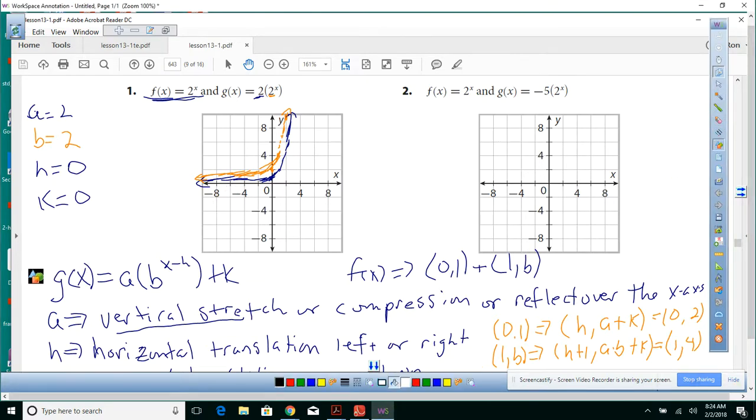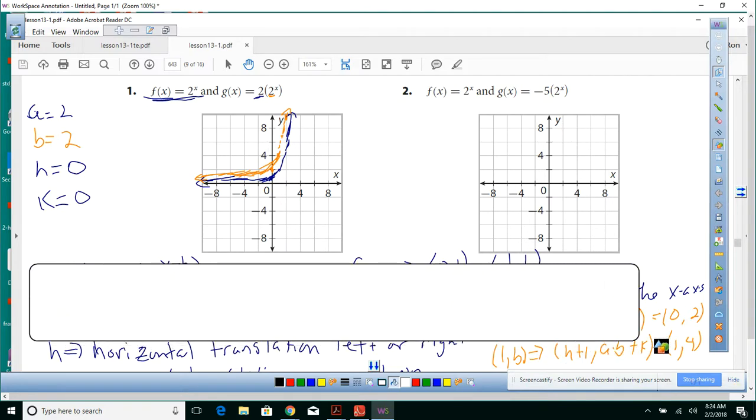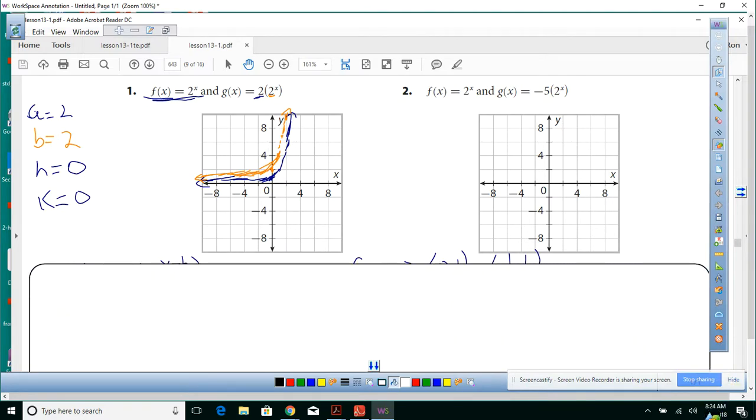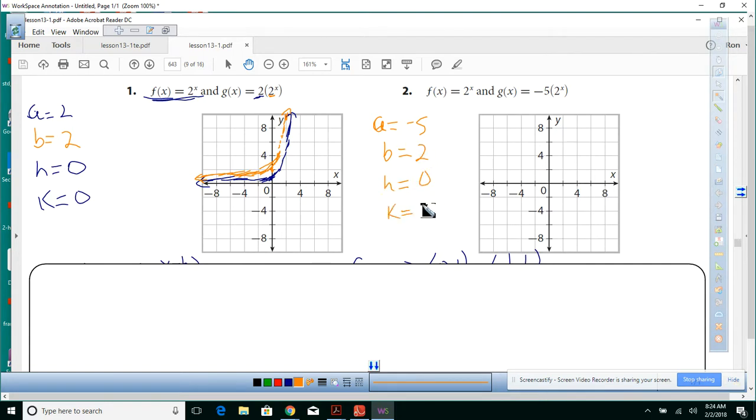Let's try 2. And I'm going to go ahead and get myself a little working room here. Let's try g of x here. G of x. What is a? A is -5. What is b? B is 2. H is 0, and k is 0.